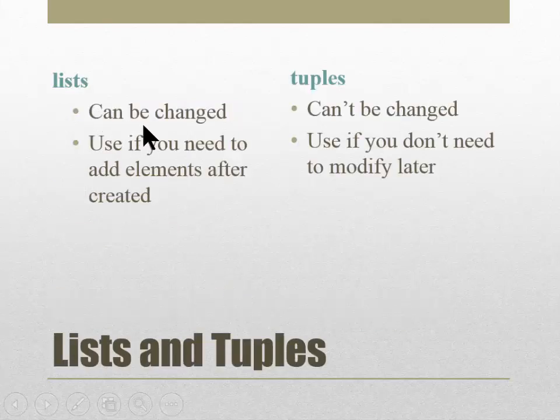Lists are sequences that can be changed, and you use them if you need to add elements after the list is created. A tuple is a list that, once it's created, can't be changed. You use it if you don't need to modify it later. So we say that tuples are basically immutable.